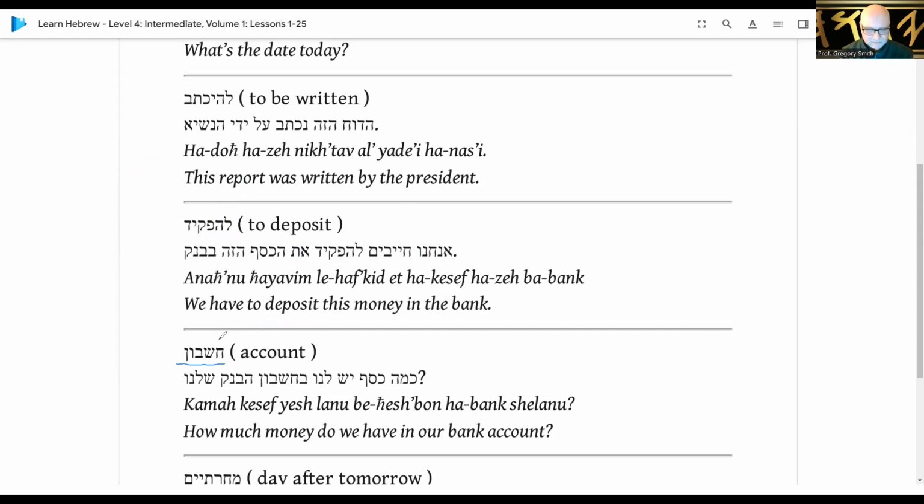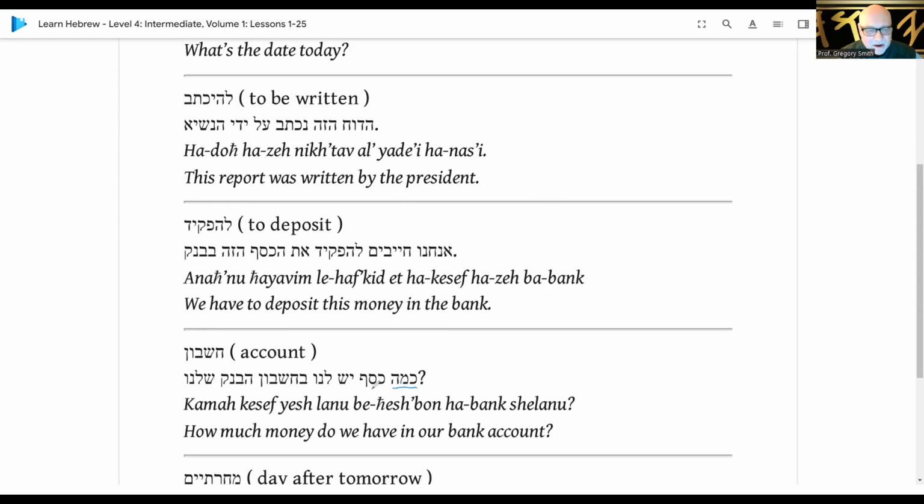Invoice. Oh, חשבון, heshbon. Okay, so it looks like it's using segol here, and this is a whole limb, so it's heshbon, like that. Count.